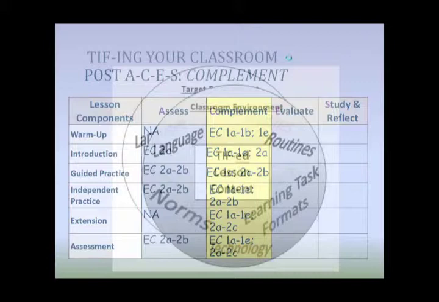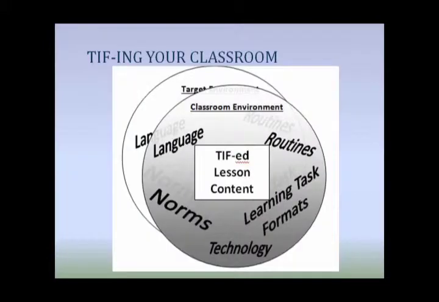When we look at this, there's only a certain amount of transition skills we can get into our lessons. That is the box in the middle, and that's why it's smaller than the circle itself. It's the TIF lesson content, the actual lesson, whatever the content is. If you're teaching about Abraham Lincoln, that's your TIF lesson content, and you try to add some TIF skills in there.